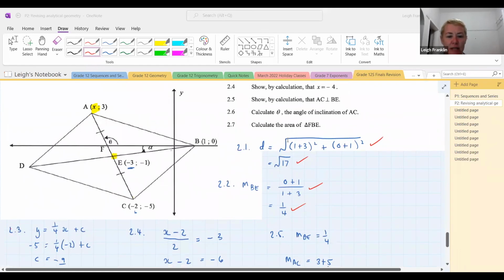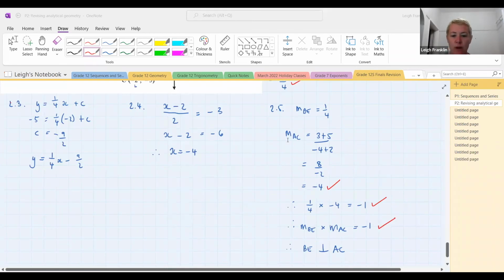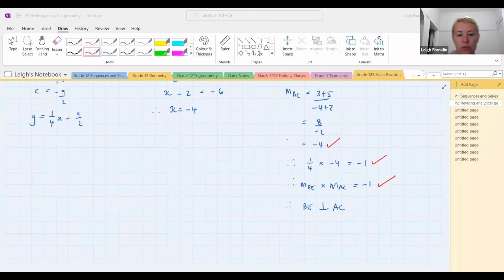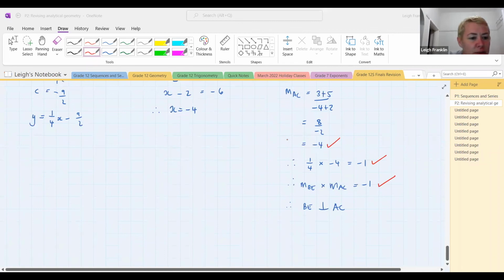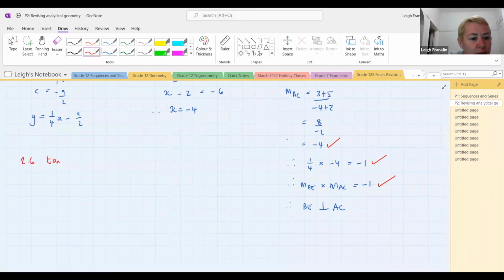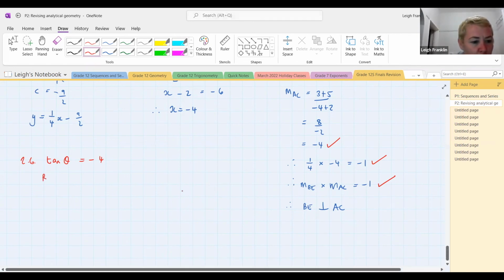Okay, well, that's easy enough. Calculating an angle of inclination, we would use tan theta equals m. Since we already know the gradient of AC, we know that it's equal to -4. So in this situation here, 2.6, we know that tan theta is equal to -4. Okay, so remember what we've got to be careful of here is that our angle of inclination is obtuse. I don't know what your teachers at school show you to do, but we show our boys to calculate a reference angle first.